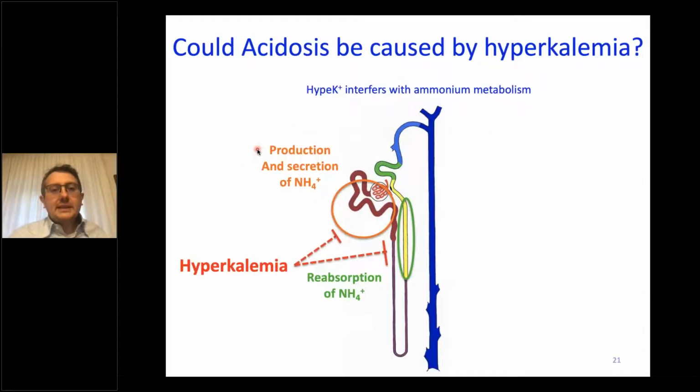And so we started to try to dissect the electrolyte abnormalities of these mice by asking whether metabolic acidosis could be due to hyperkalemia. As you all know, hyperkalemia can impair ammonium metabolism and so impair the secretion of ammonium by the kidney and lead to metabolic acidosis.